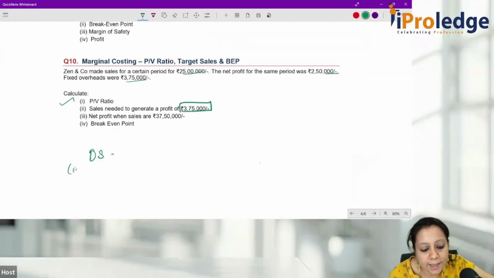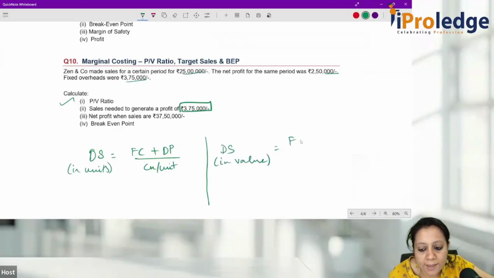Desired sales in units is going to be what, students? It is fixed cost plus desired profit divided by contribution per unit. Then desired sales in value is fixed cost plus desired profit divided by PVR.